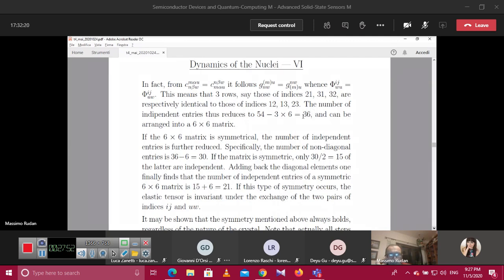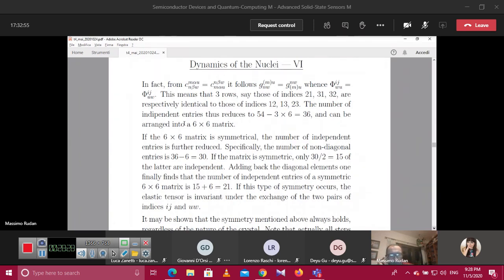Okay, so we can rearrange the matrix into a 6 by 6 matrix. But again, observing the symmetries, we can immediately understand that this matrix is symmetric. Okay, and when a matrix is symmetric, the independent entries are those on the diagonal and 1/2 of the entries that are not on the diagonal.